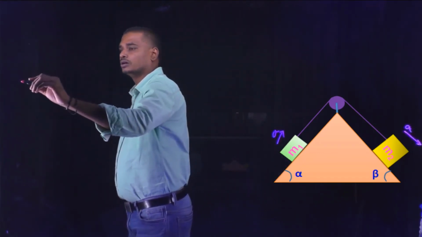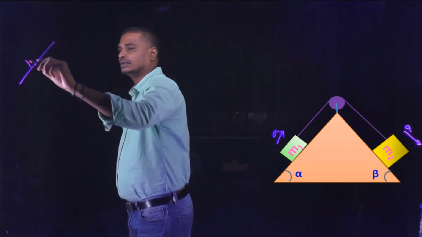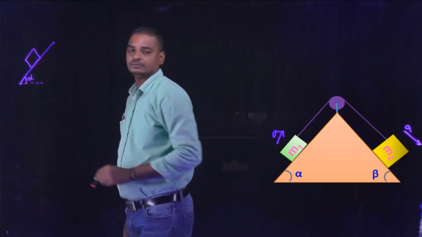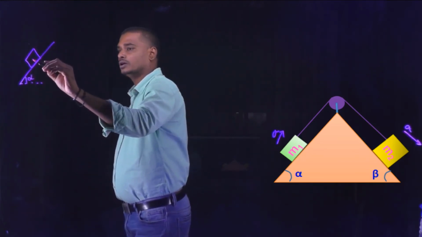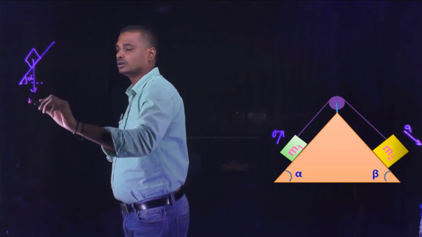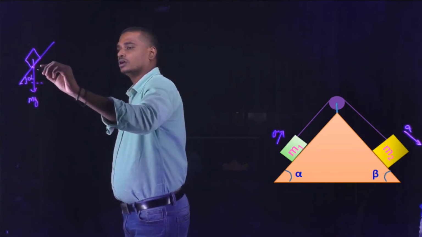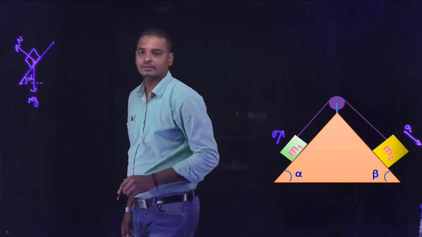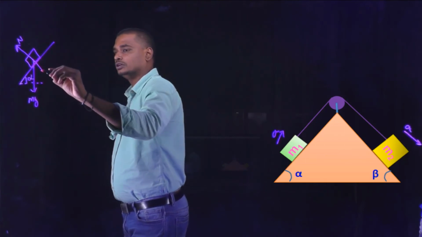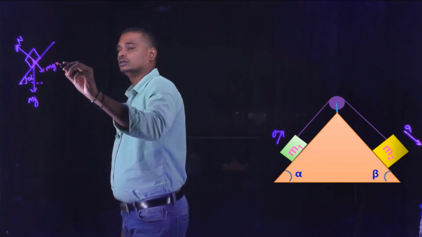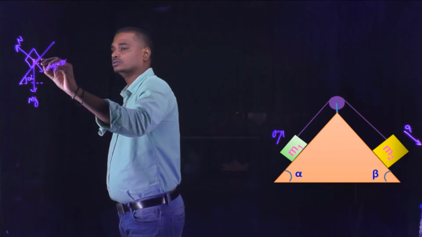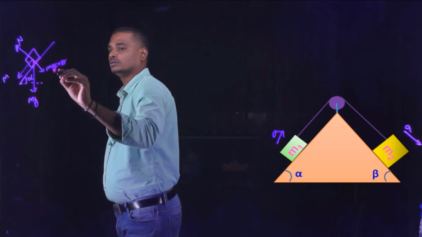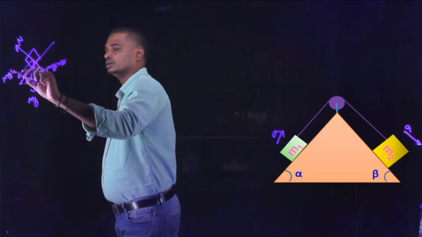As block 1 is on an inclined surface with angle of inclination alpha, the weight of the body acts vertically downwards towards the center of the earth, that is m1 g, and the normal reaction N acts perpendicular to the surface of contact. The weight can be resolved into two components: m1 g cos alpha perpendicular to the surface, and m1 g sin alpha along the incline.